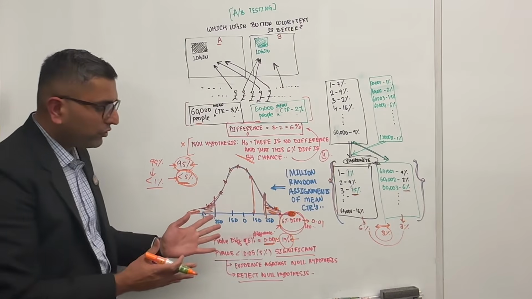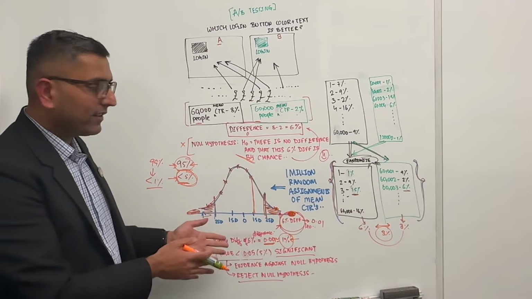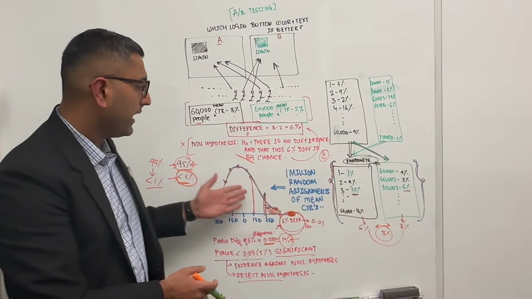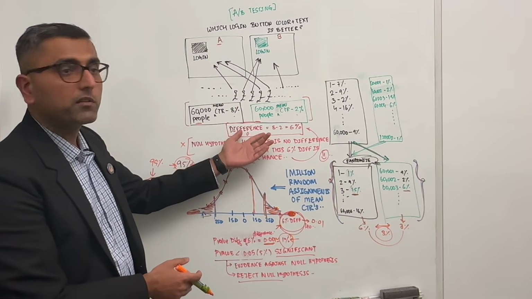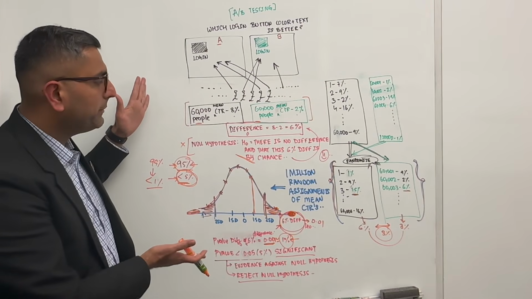So that's the intuition behind A/B testing, where you try to find out whether this is by chance. And then you look at millions of such randomized samples to find out how rare the possibility is of observing what you observe for your given test statistic. So that's the intuition behind A/B testing.